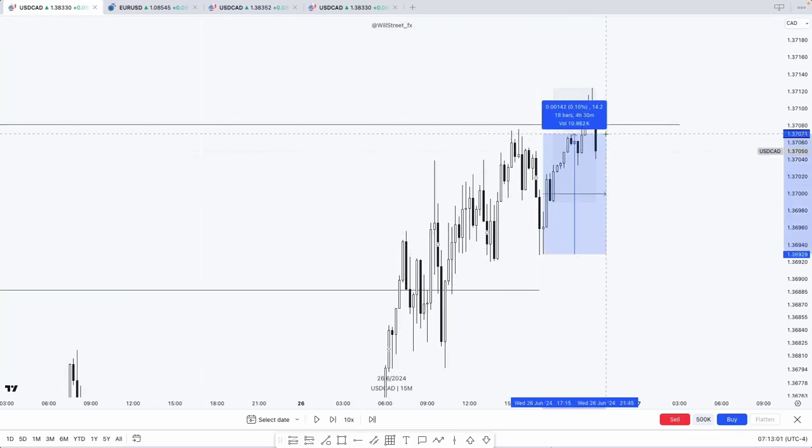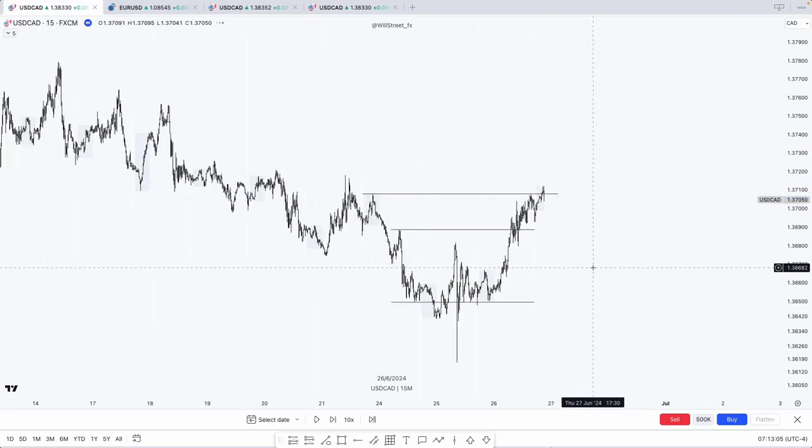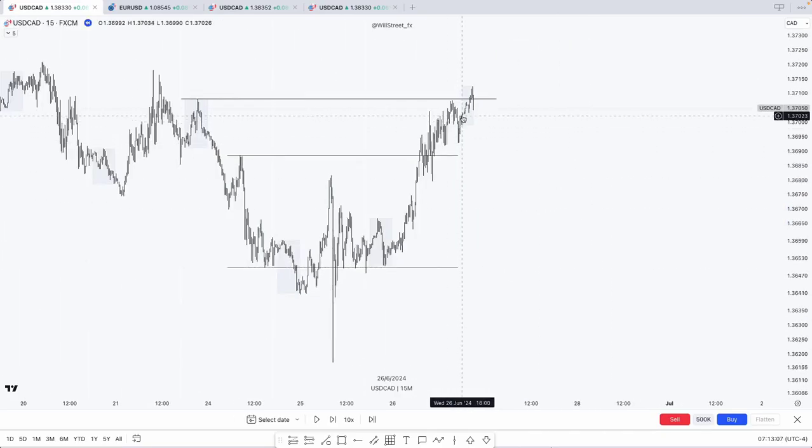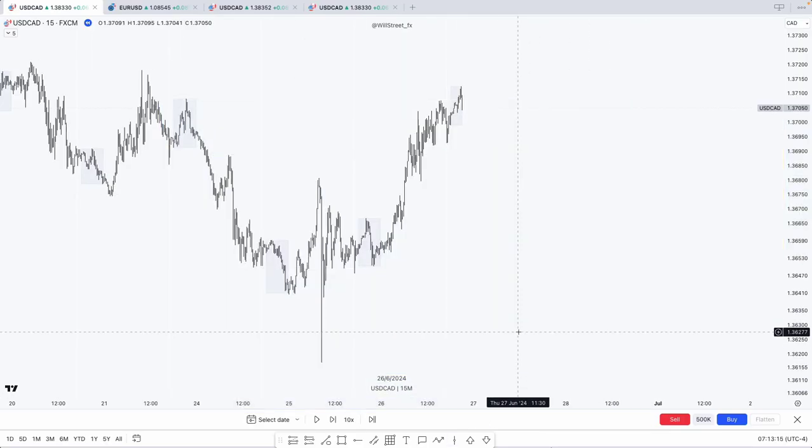Actually, this happened in Asia, but you understand, right? This could happen on New York, on London, whatever. If this is the pair USD CAD, it will happen, I would say 80% of the times during New York.